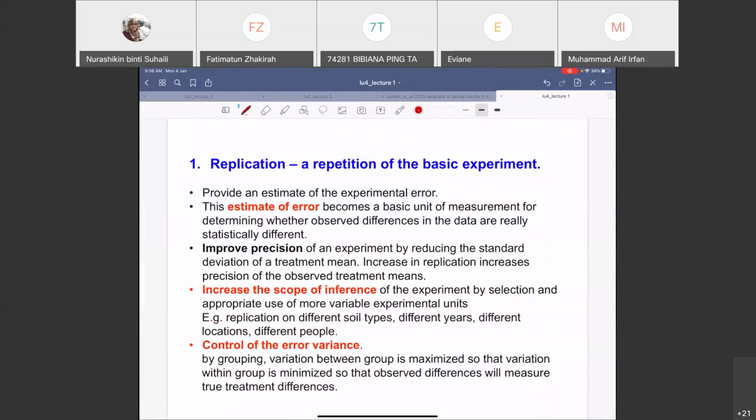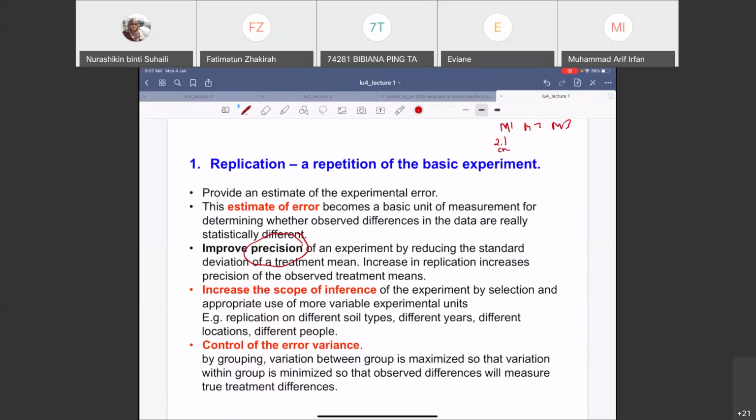Do you know what precision is? Precision is how confident you are. Let's say you measure the height of the beetles. You measure 3 times, for example. Of course, if you measure just once, perhaps you might make some errors in your first measurement. So measurement 1, measurement 2, measurement 3. The height at the end is 2.1 cm.